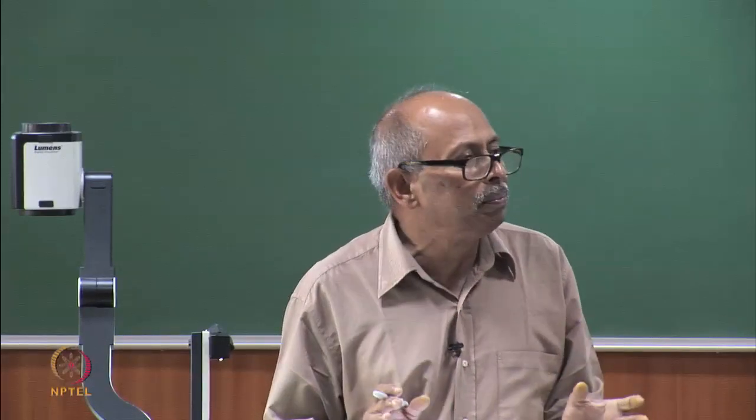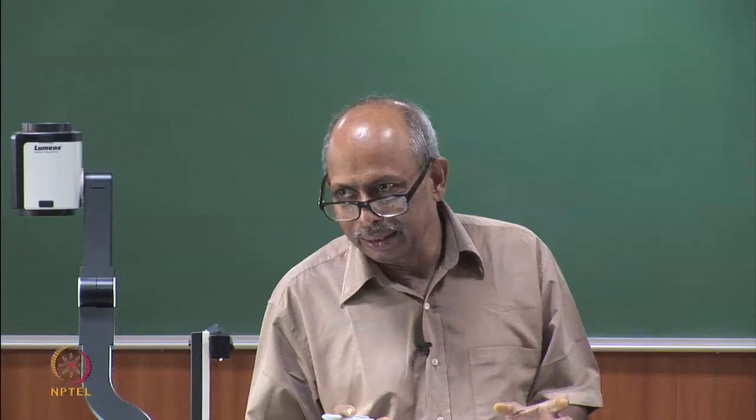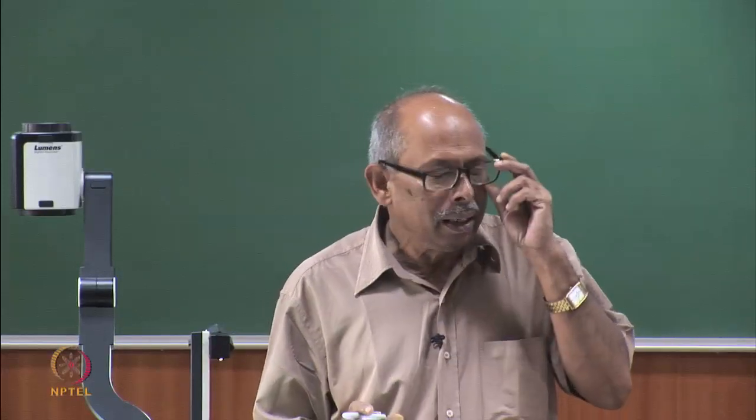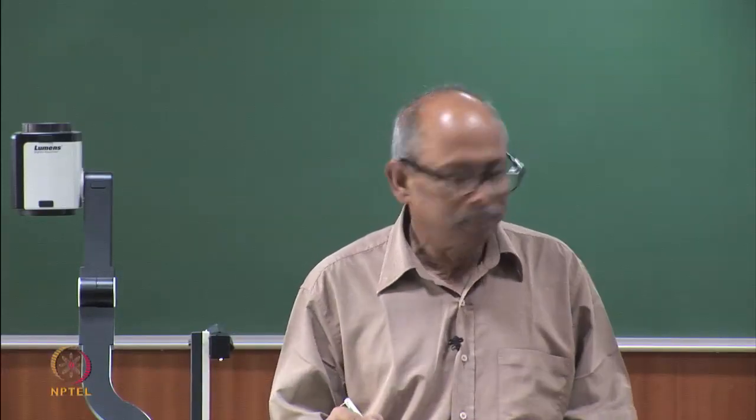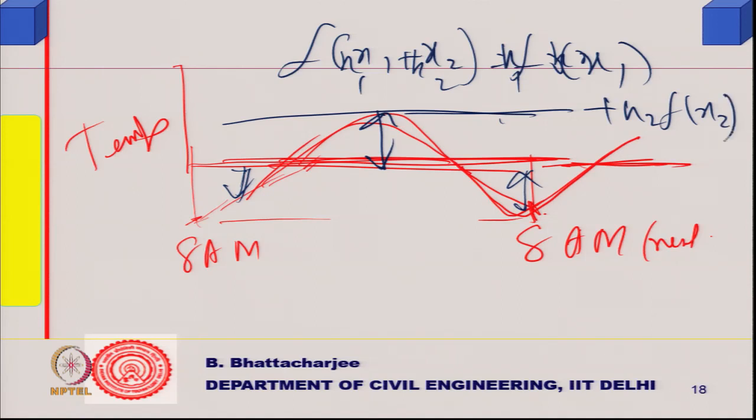You can add them up as long as your phenomena or equations are all linear. In a linear system, f(k1x1 + k2x2) is equal to k1f(x1) + k2f(x2). Independently you can sum them up, these are constants, and you get the same thing.